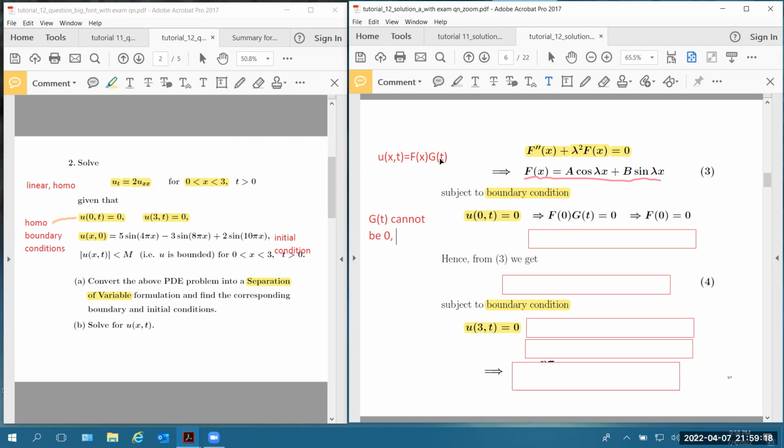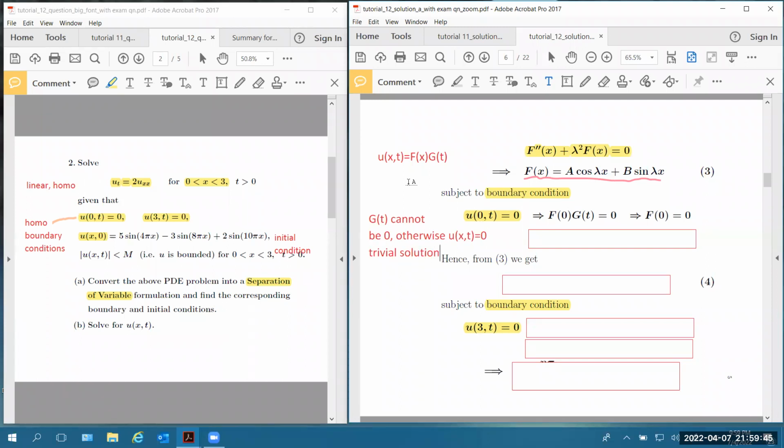Straight away your u will become 0. Otherwise your u(x,t) will become 0, and this is called a trivial solution.